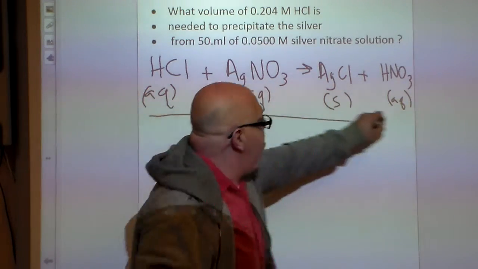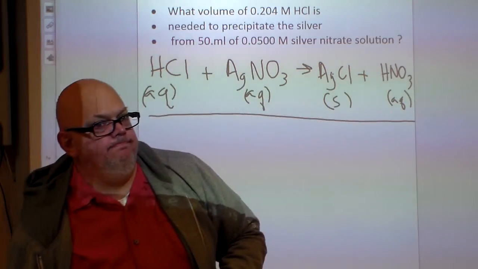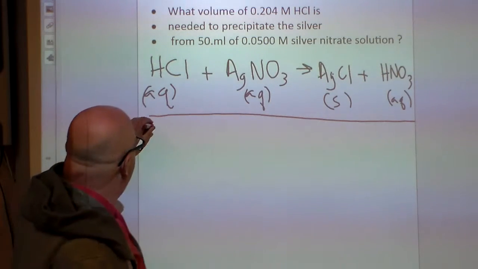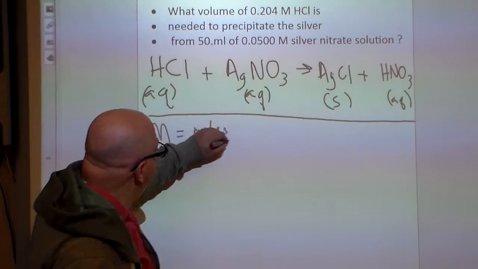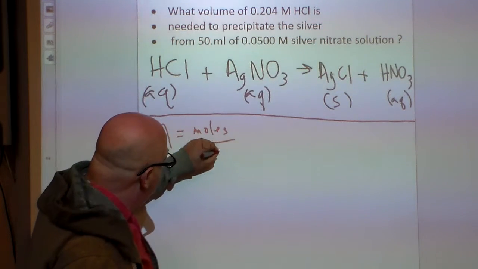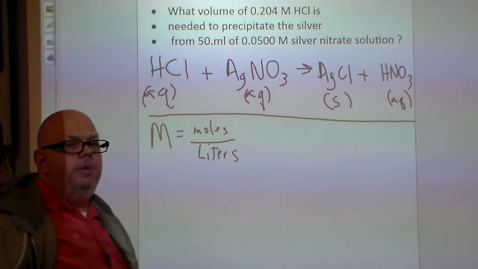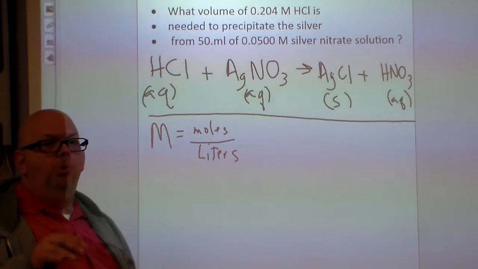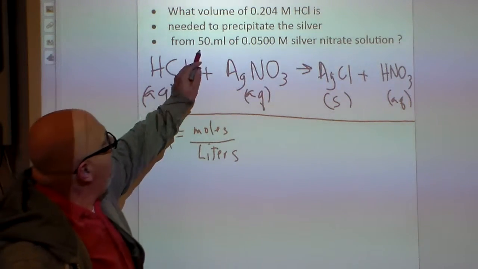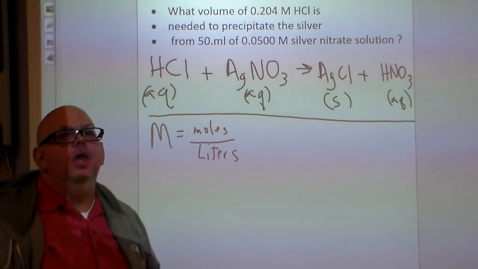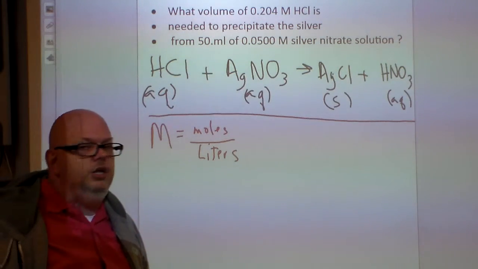So let's go through, and what we can do is look at our molarity. Now, molarity, remember, is the concentration. Molarity is equal to moles over liters. It could be more or less than 1 mole. It could be more or less than 1 liter. Now, the fact that they gave you milliliters, you have to change it to liters.